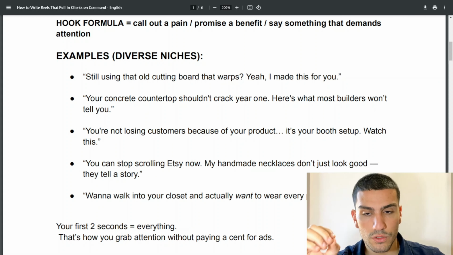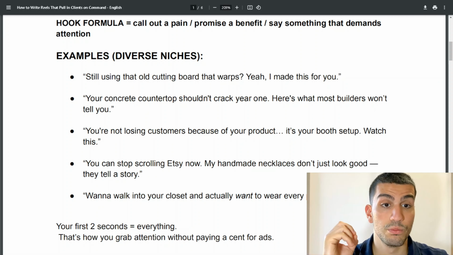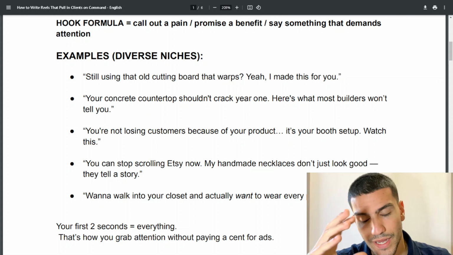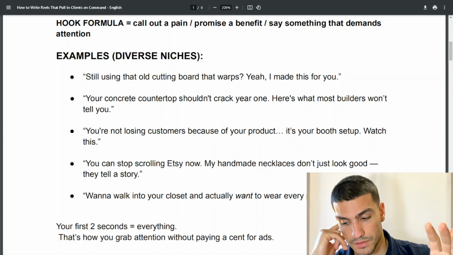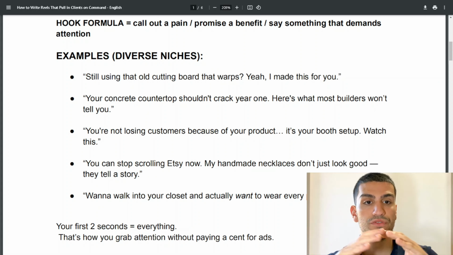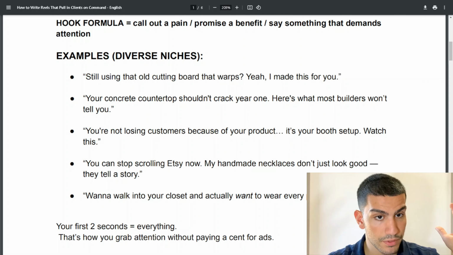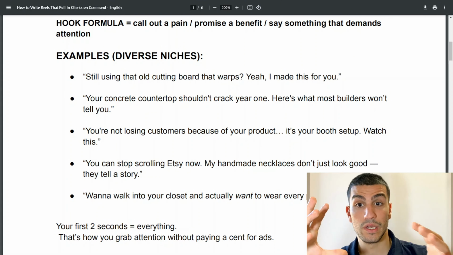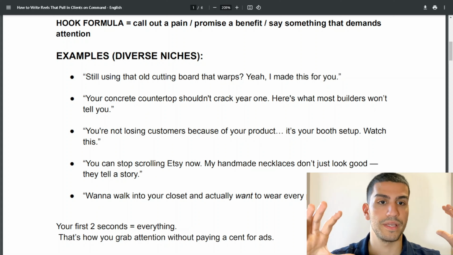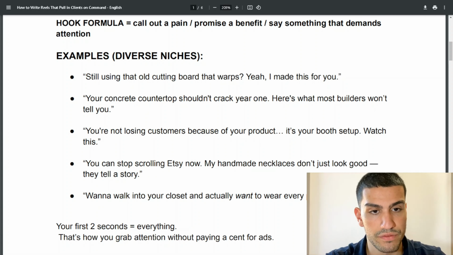Third example: you're not losing customers because of your product, it's your booth setup. Watch this. Now, it's kind of similar to the previous example, but here they removed the mystery part. In the previous example, there was the mystery, and there was something hidden, like what most builders won't tell me. I want to know what. Let me watch this video.